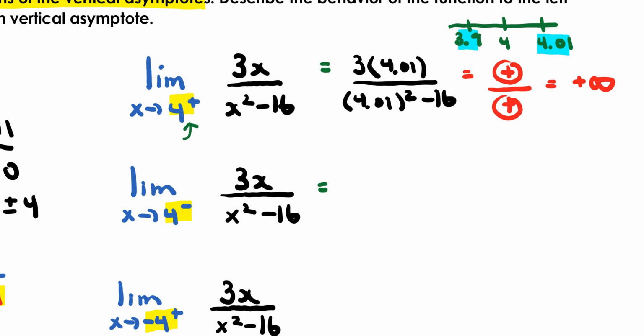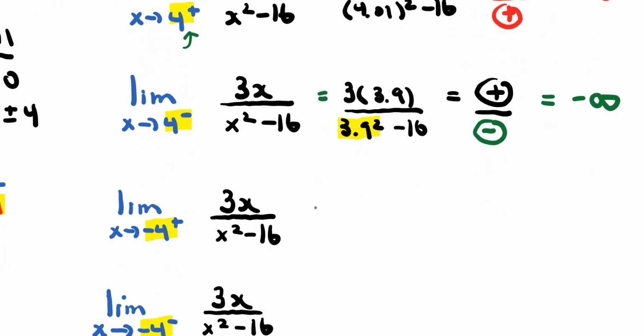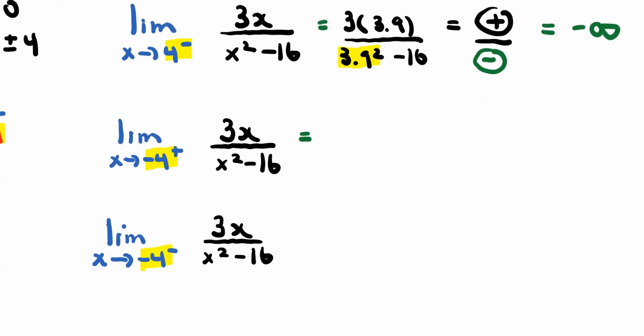Okay. For the next one here, this is really 3 times 3.9 divided by 3.9 squared minus 16. The numerator is clearly positive, but the denominator, since you have 3.9 being squared, that's going to be negative after you subtract 16, so that's negative infinity. And then over here, if you're approaching negative 4 from the right-hand side, so think about that.